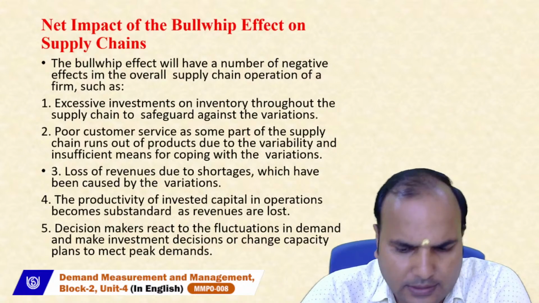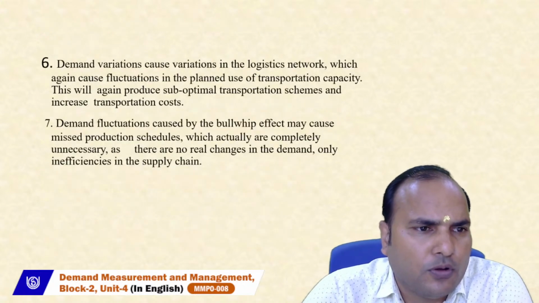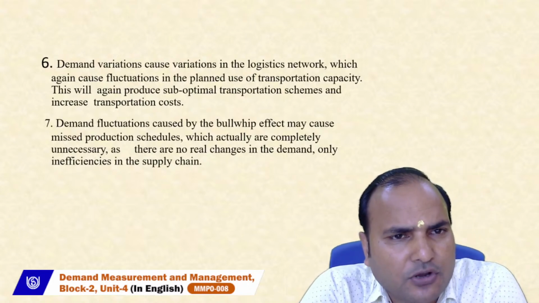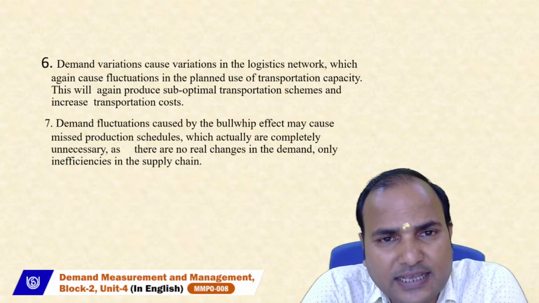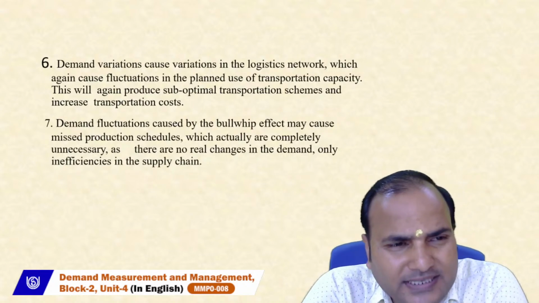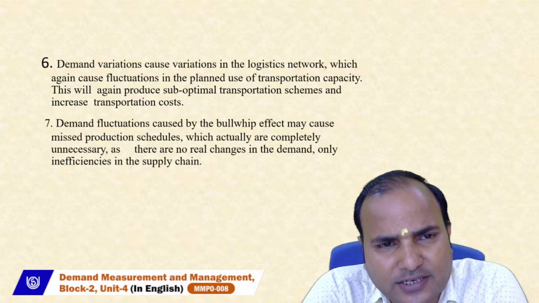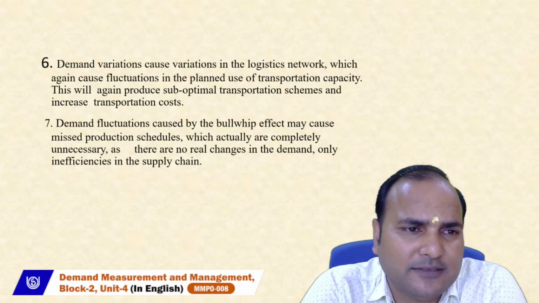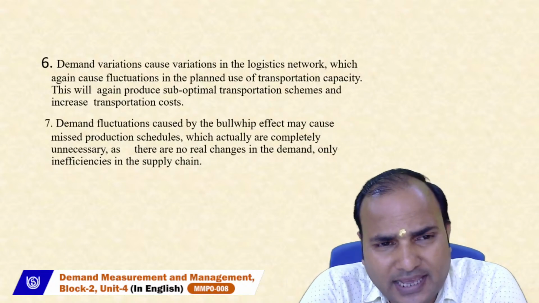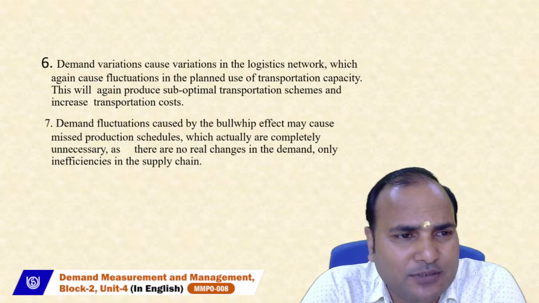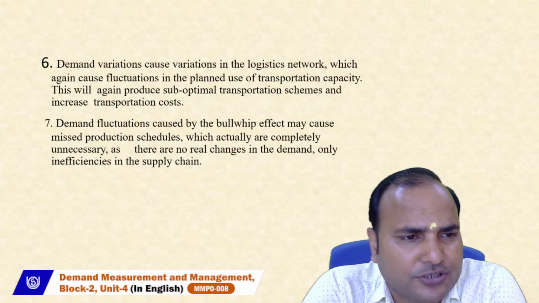Then another impact is that demand variations cause variations in the logistics network, which again cause fluctuations in the use of transportation capacity, and this will again produce suboptimal transportation schemes and increase the transportation cost.